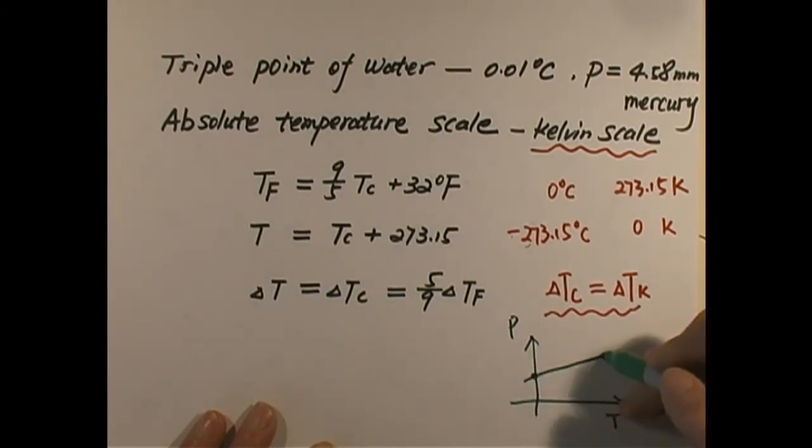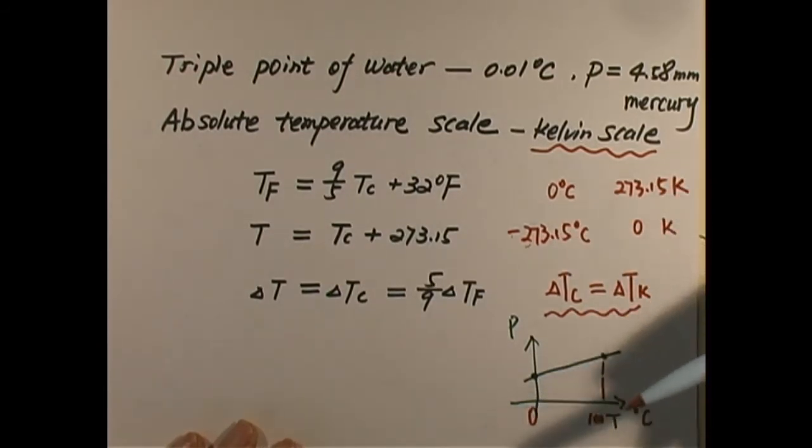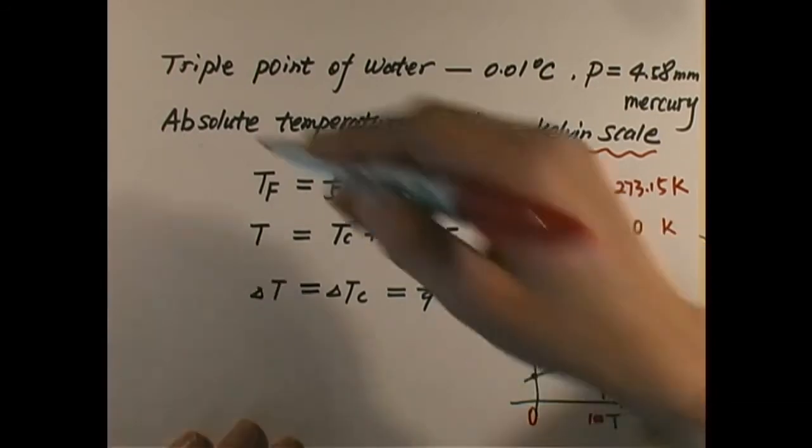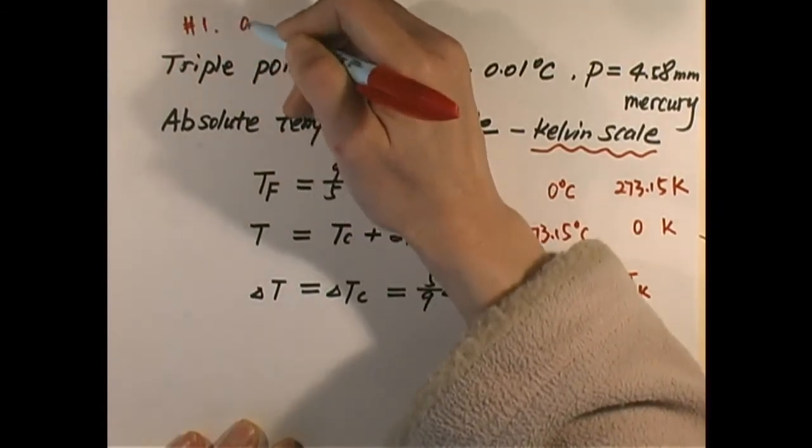So once you have 2 points, you have this reference line, and we can define any other temperature. So this is 100 degrees Celsius, and that is 0 degrees. So for the absolute temperature scale, or Kelvin scale, which 2 points do we choose to make our reference curve? Well, the number 1 point is absolute zero.